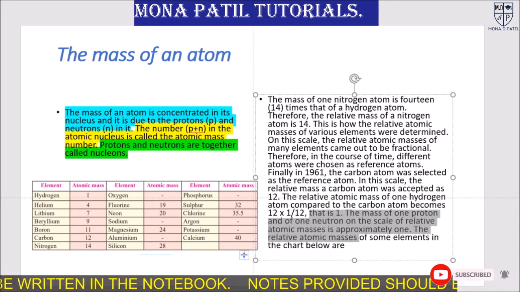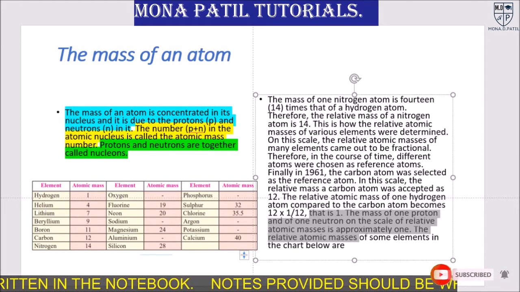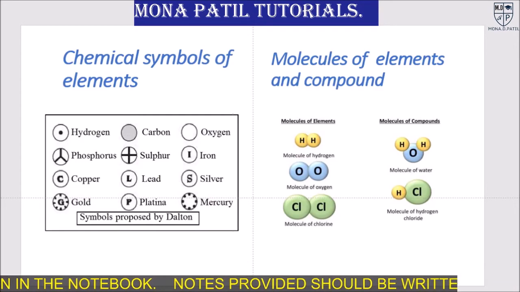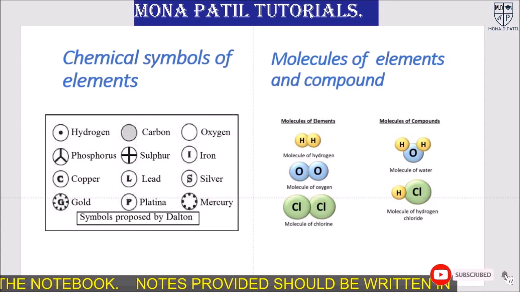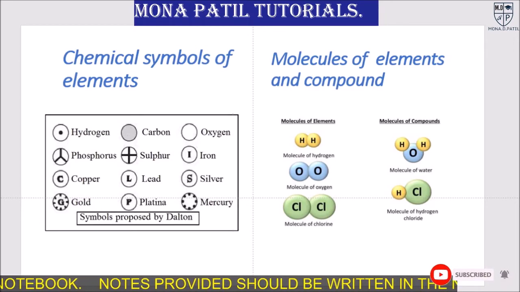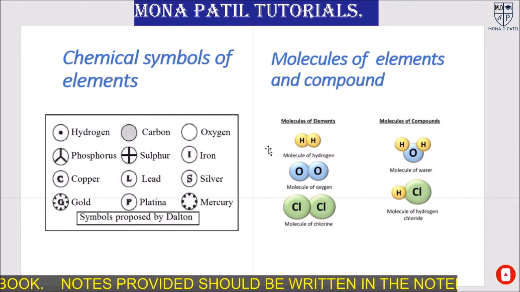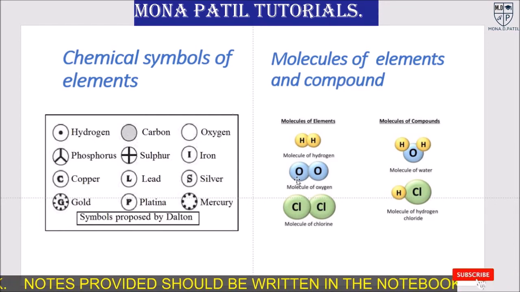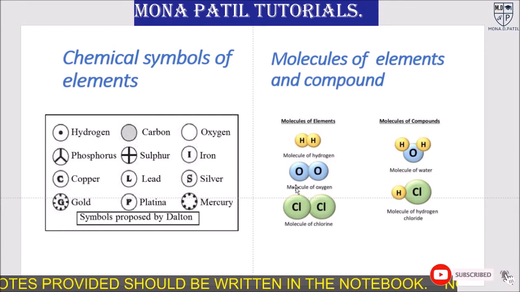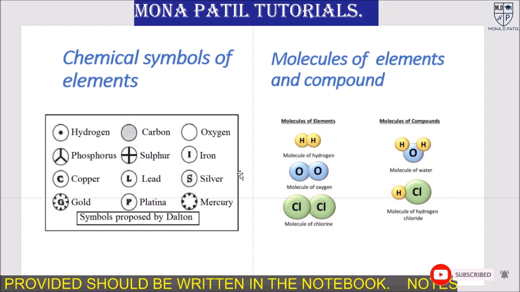Now next we are going to study the chemical symbols of elements. Before, such a nomenclature was given: hydrogen H, oxygen O, chlorine Cl, carbon C. The symbols were given like that.